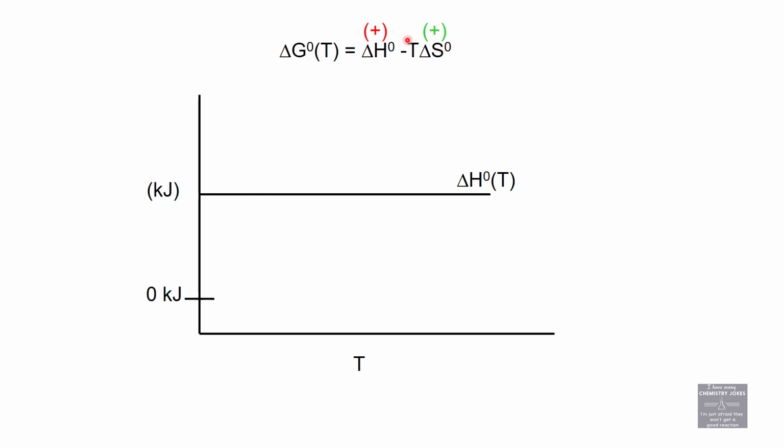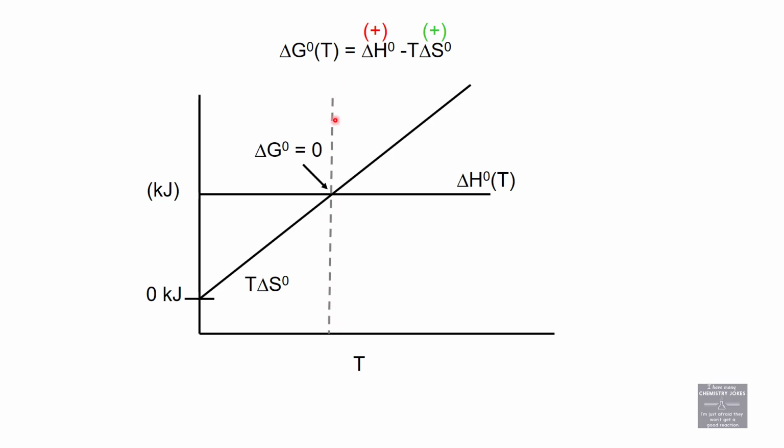If I plot T times delta S as a term, as temperature increases, that term grows larger, so I'm putting it with a positive slope because T delta S grows larger as we multiply by higher and higher temperatures. At this point where that intersection happens, that is where delta G equals 0.